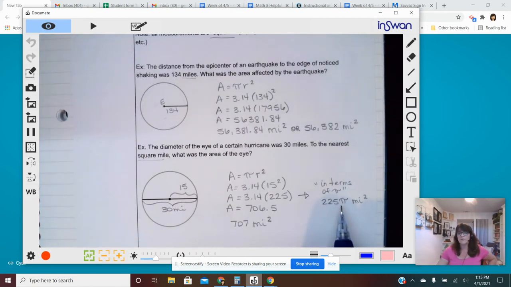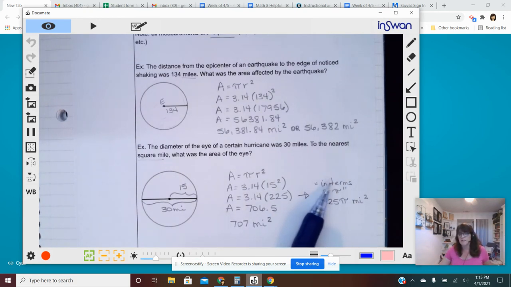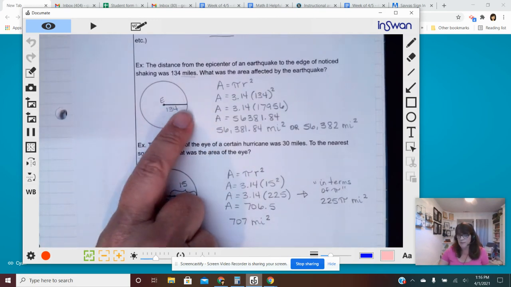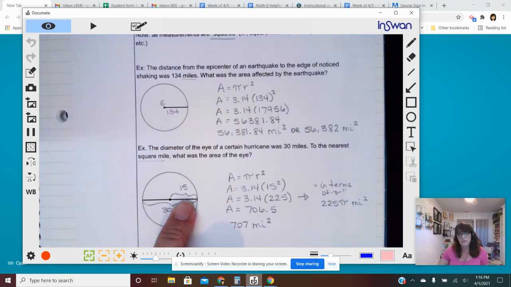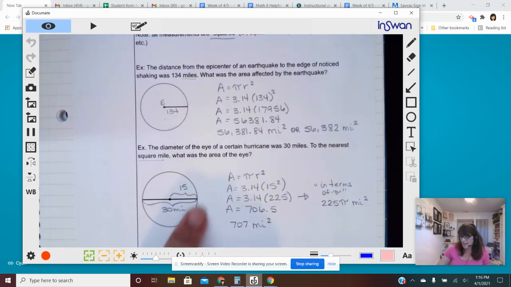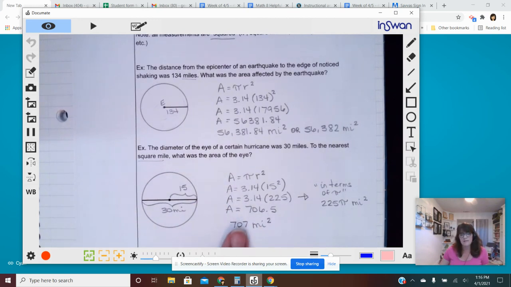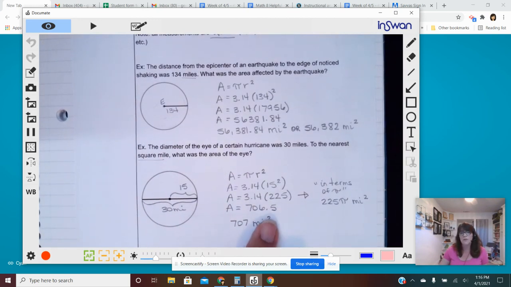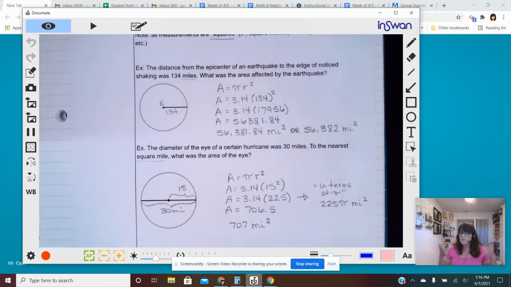I just wouldn't have used a value for pi. I would have left it as its symbol and been done with it. So anytime you see this phrase in terms of pi, please know that that's how you leave it. Just a reminder. And notice that when you go from these measurements, this is 15 miles, and then you take that to an entire area of a circle, 707 square miles. So yes, you should be expecting some larger numbers as your answers.